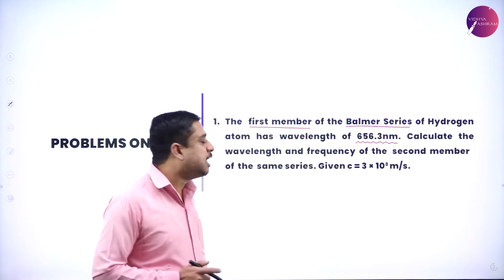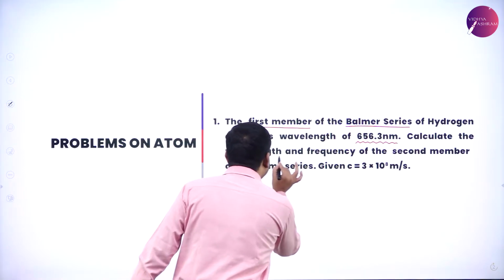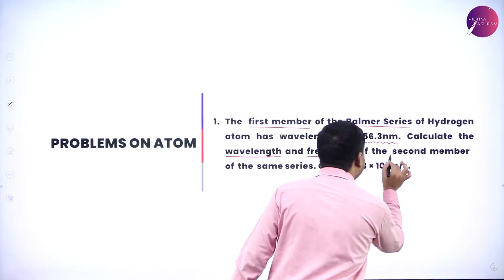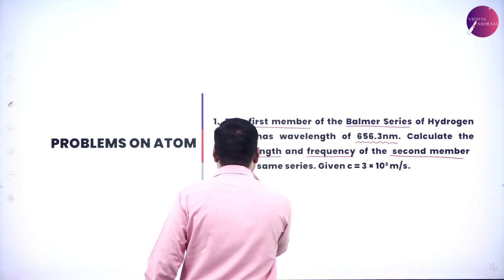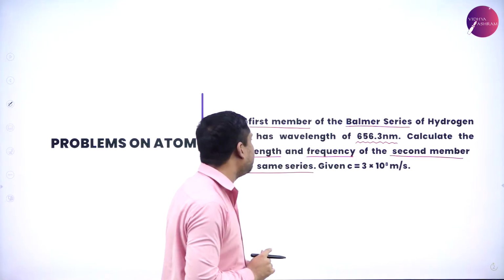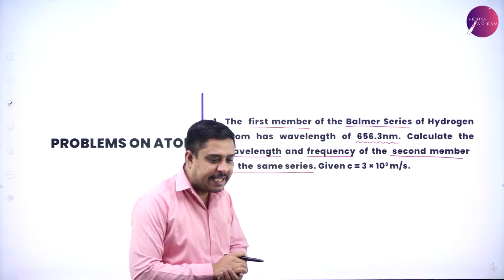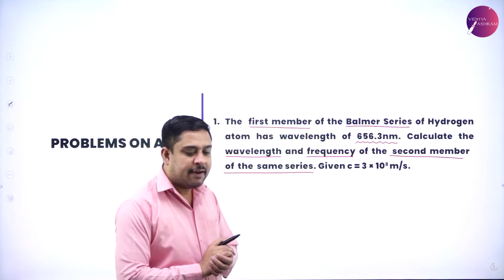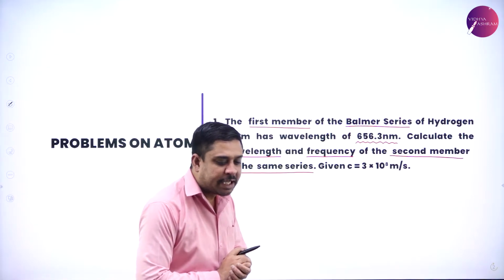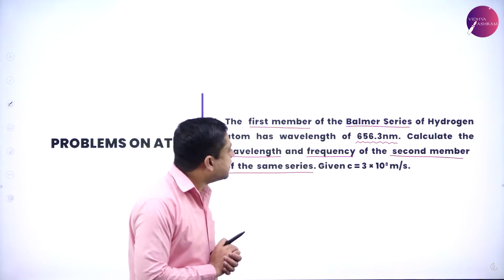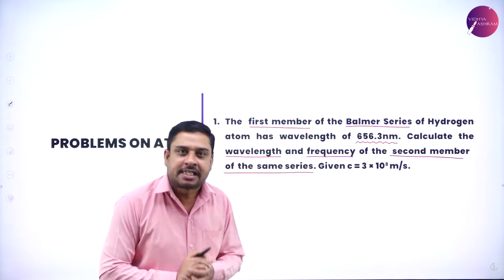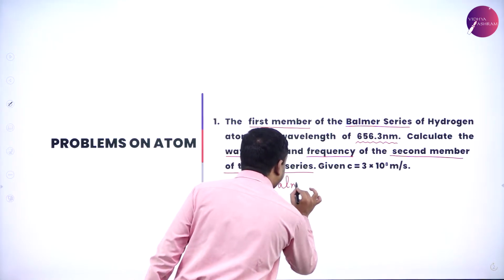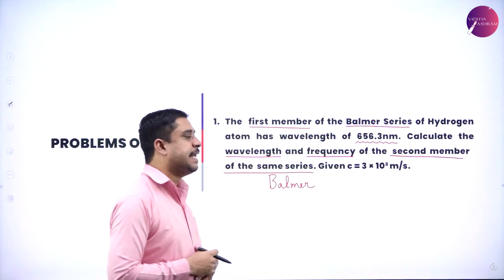I have to calculate the wavelength and frequency of the second member of the same series, which means the same Balmer series.